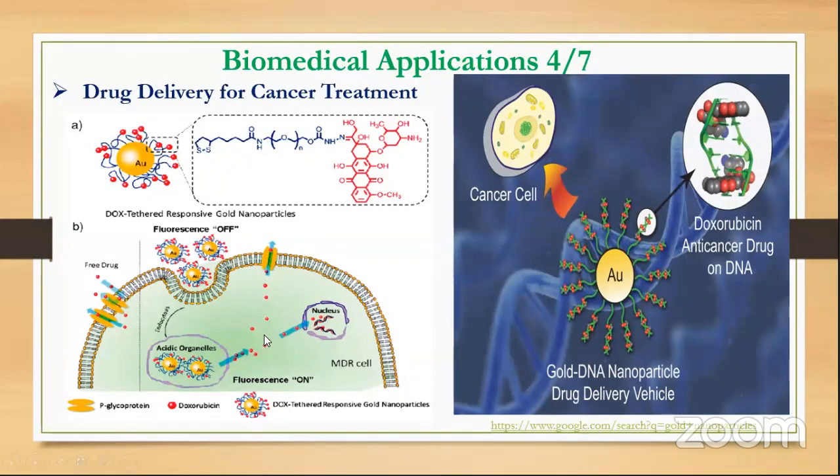The released drug directly binds with the nucleus and inhibits the function of the whole cell. This is the mechanism of drug delivery in cancer therapy using nanotechnology. This example is the best example for drug delivery for cancer treatment. MDR means multi-drug resistance.